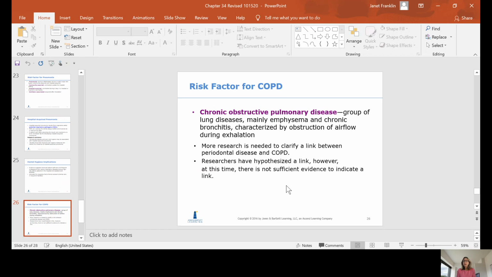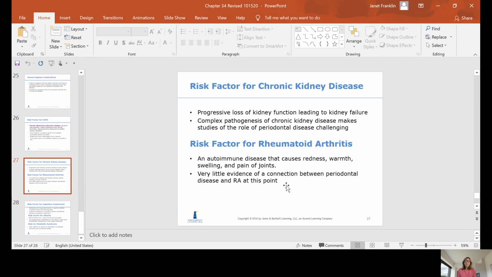COPD is common, chronic obstructive pulmonary disease. You will have a lot of patients that you will see over your years that have oxygen that they take with them when they come to appointments. They are at high risk for lung infections. Their breathing is severely compromised. Kidney diseases, patients with chronic kidney diseases.